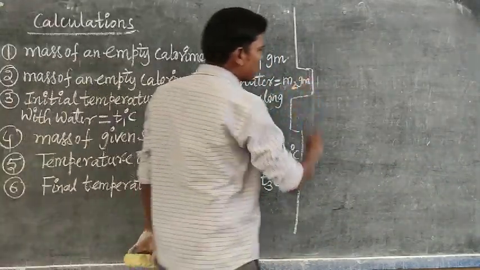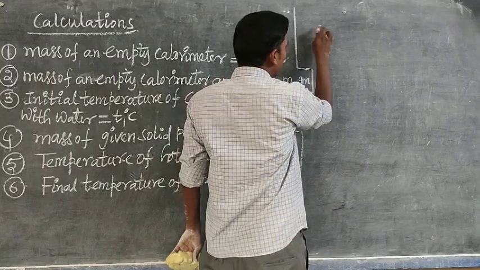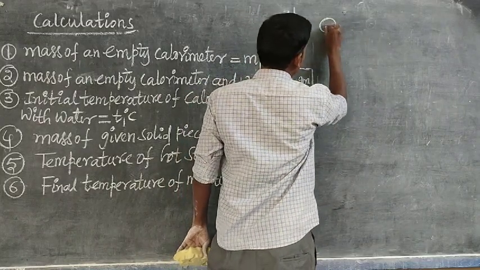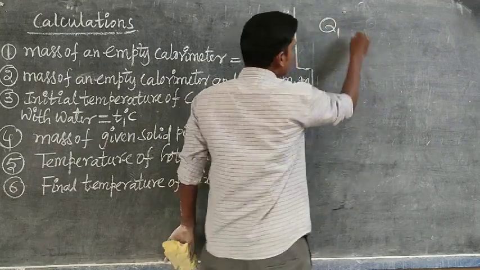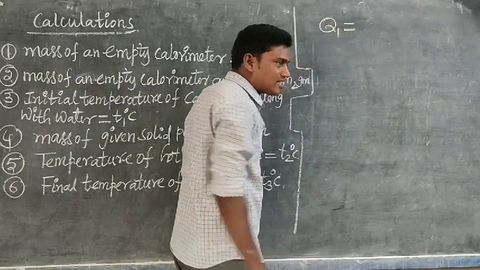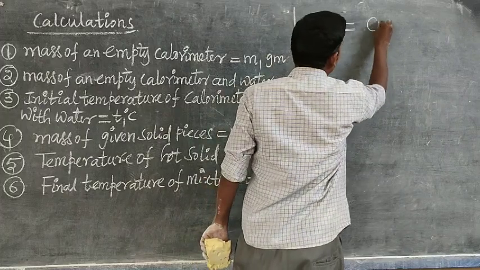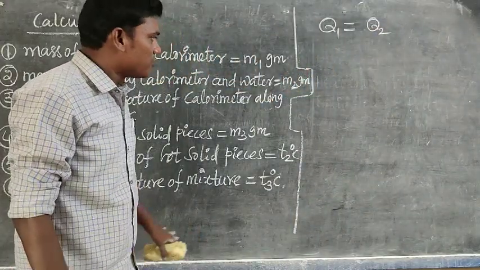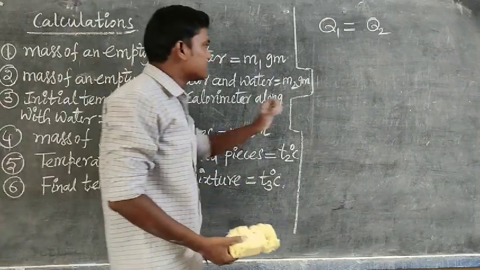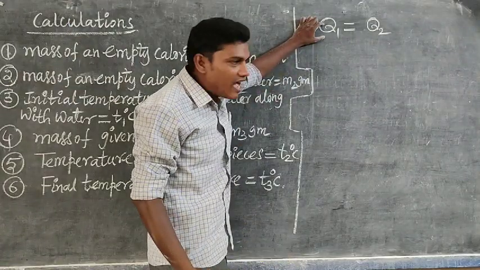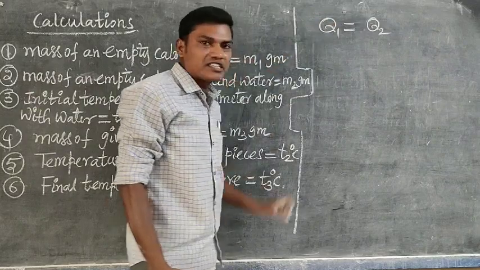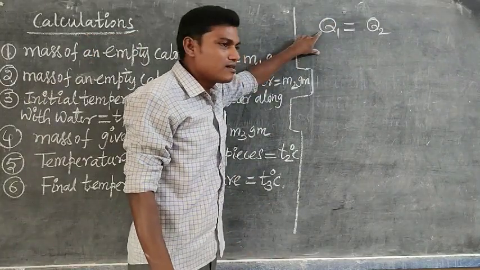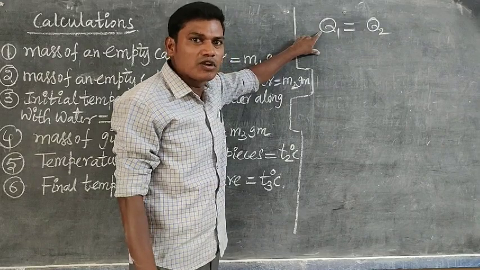So according to the principle of method of mixtures, heat energy lost by solid pieces we consider as Q1, which is equal to heat energy gained by the cold body, which we consider as Q2. It means calorimeter and water. Here, Q1 represents the heat energy lost by the solid pieces, because Q simply represents the amount of heat energy.